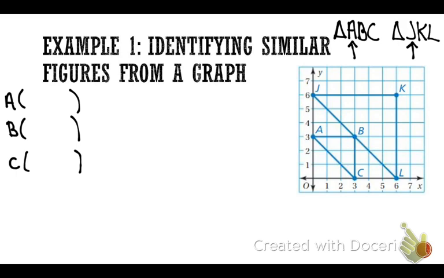Meaning that if these figures are similar, there should be a clear connection: am I multiplying by a certain number or dividing by a certain number to get from my A value to my J value? That'll make more sense in just a minute.